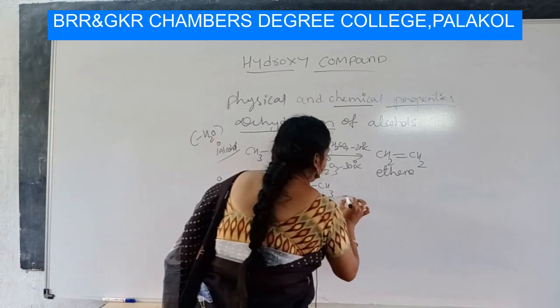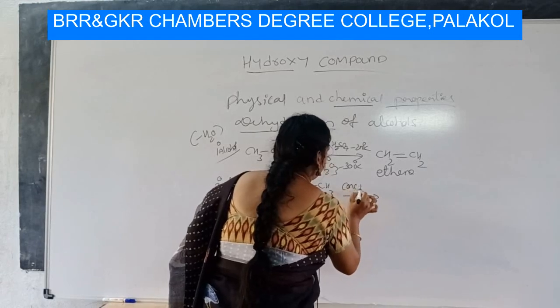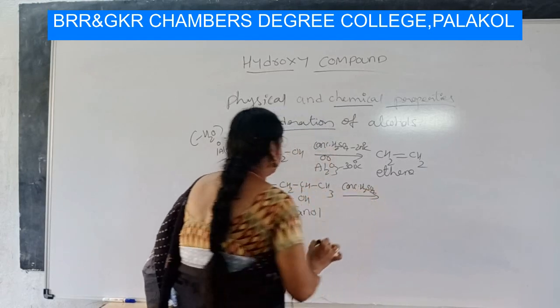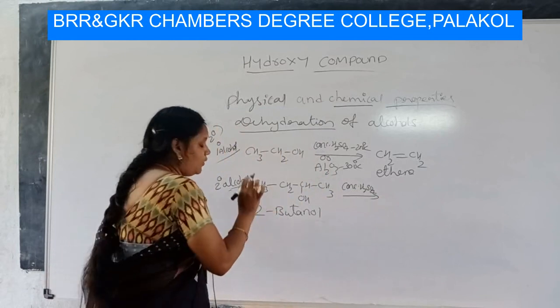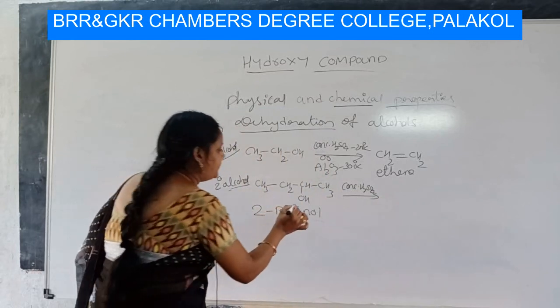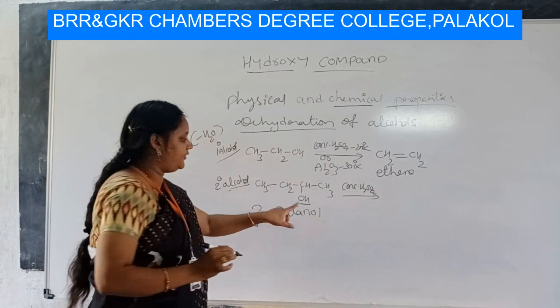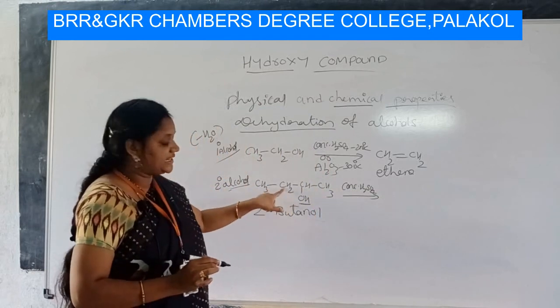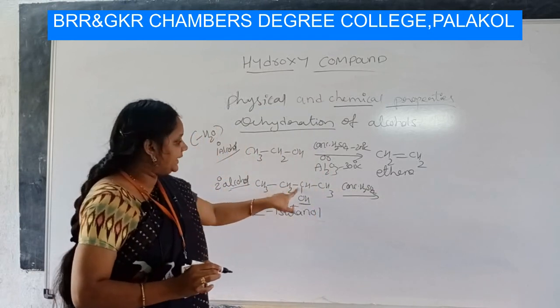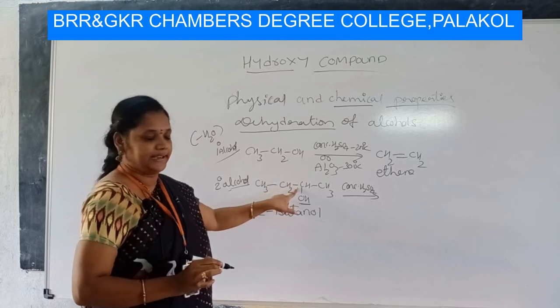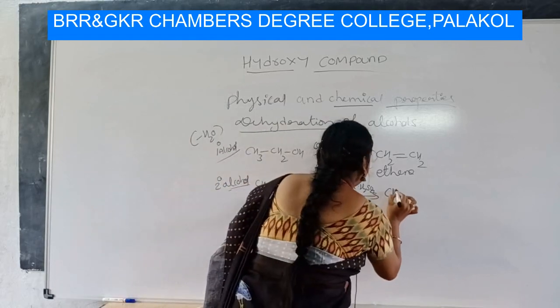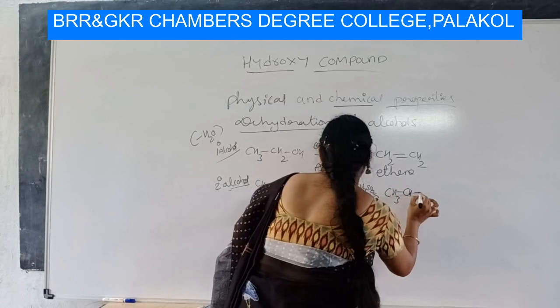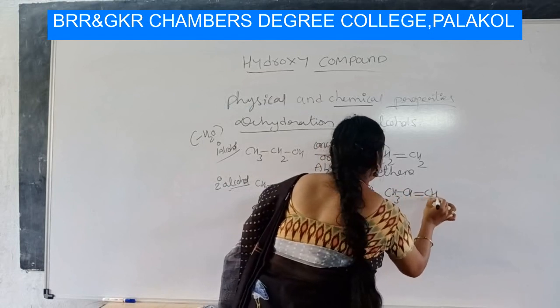If you take it in the presence of concentrated sulfuric acid, what happens? Water has to be removed. OH will be removed from here. If hydrogen is removed from here, you will get a double bond right here. So we will write CH3, CH, double bond CH, CH3.